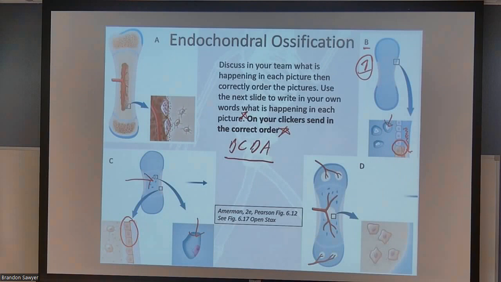And then we go over to D next. You can see the primary ossification center there, right? And then we see the secondary ones here, as well as here in the epiphyses of the bone. So the diaphysis in the middle is the primary site of ossification, and then the 2 secondary sites on the ends are those epiphyses.